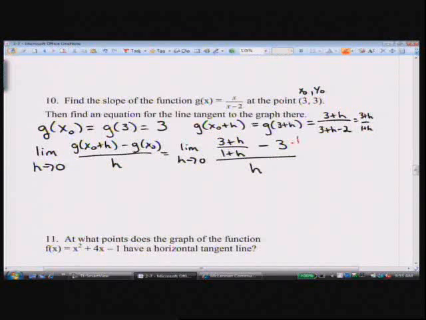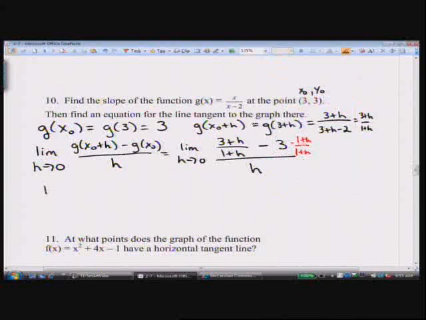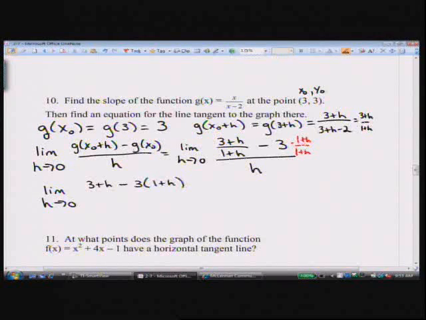Good, 1 plus h. So you will multiply 1 plus h over 1 plus h here, just multiplying by 1, in order to get a common denominator. And so then we have the limit as h goes to 0 of 3 plus h minus 3 times 1 plus h, and that's all going to be over our common denominator of 1 plus h, and that's all over h.